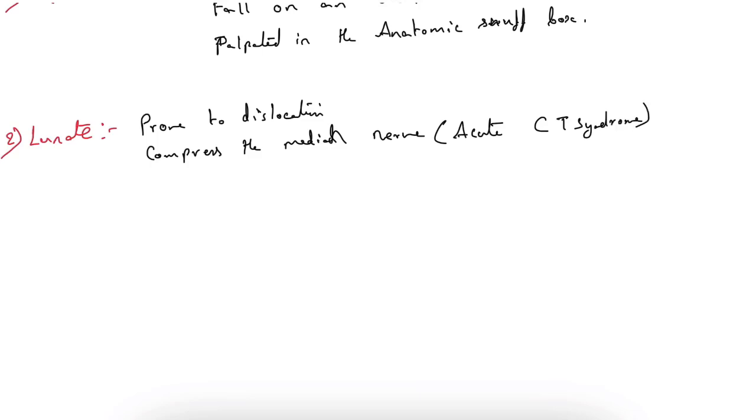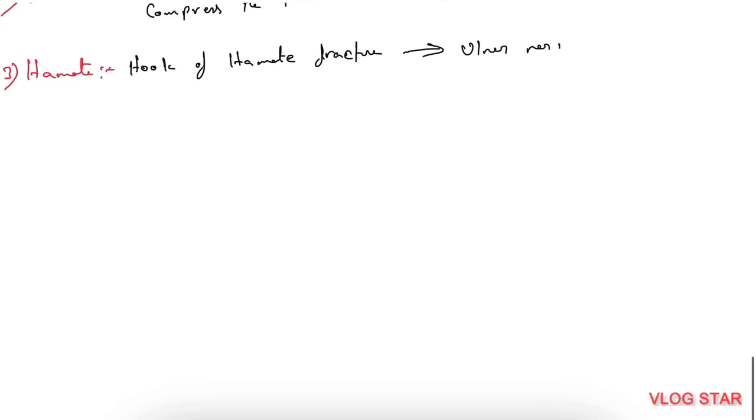Next one, hamate. This also has the hook of hamate fracture, which can lead to ulnar nerve injury. It's very rare, but we have to know this.